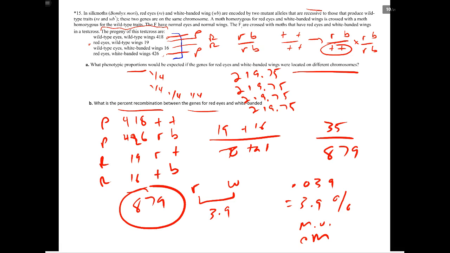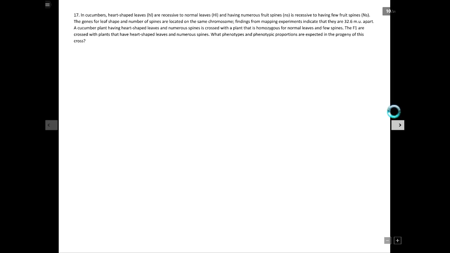All right, let's do another one. In cucumbers, we got some heart-shaped leaves. Again, you can make whatever symbols you want. I'm not going to go with HL every time, so we'll go with little h and big H. And we've got numerous spines and few spines.